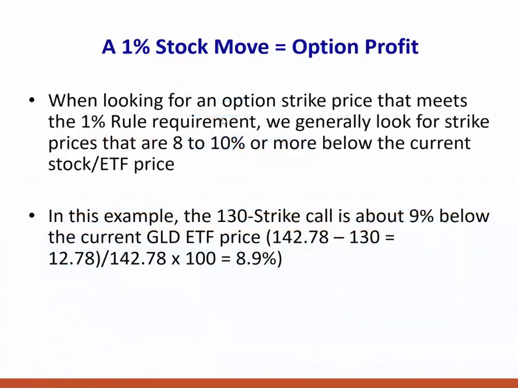When we're looking for an option strike price that meets the 1% rule requirement, we generally look for a strike price that's about 8 to 10% or more below the current stock price or ETF price. So when you're searching for an option that qualifies, you can start at a strike price that's 8 to 10% below the current stock price.